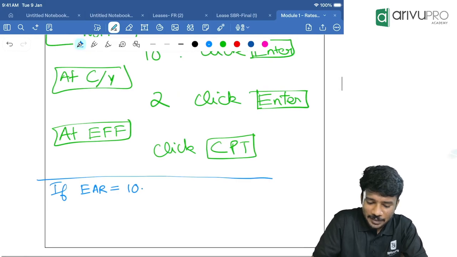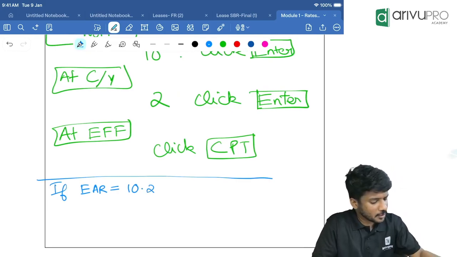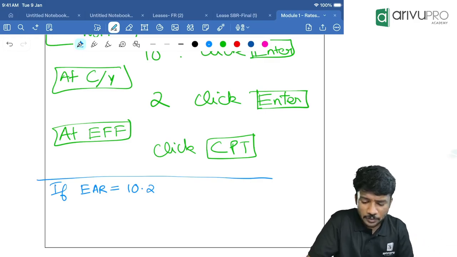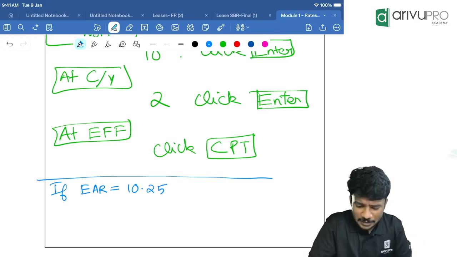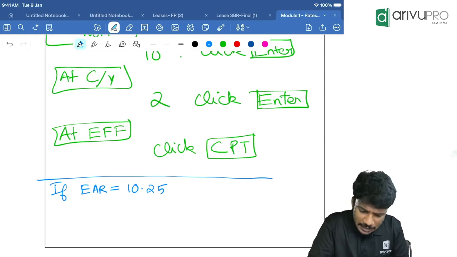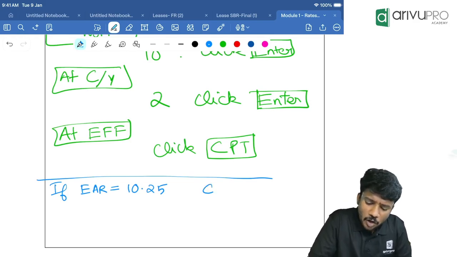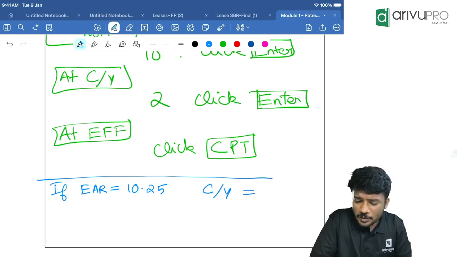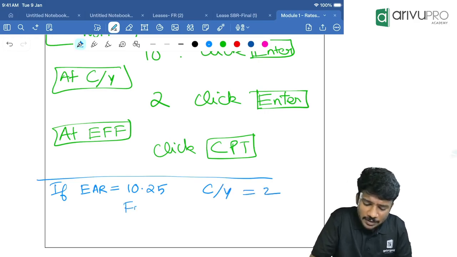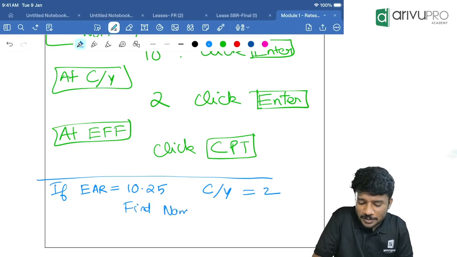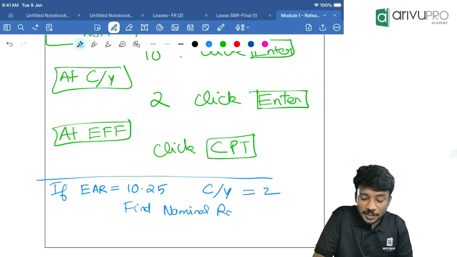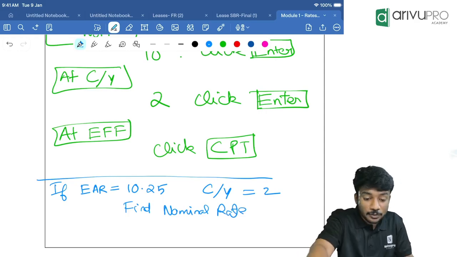How much did you get as the effective rate of interest in the calculator? 10.25, right? Then the effective rate of interest is given as 10.25. Then what else is given in the question? The compounding per year is also given, that is 2. Find the nominal rate is the question. They can ask a question like that also, right?